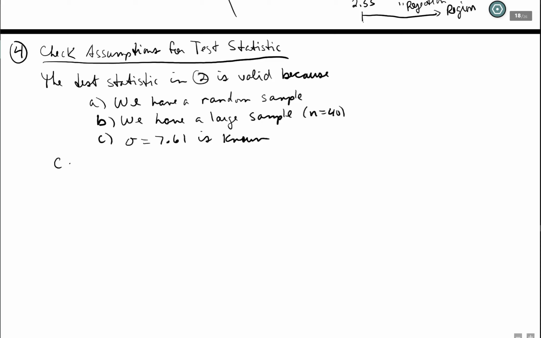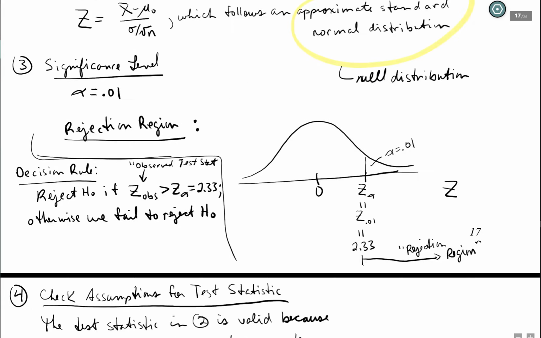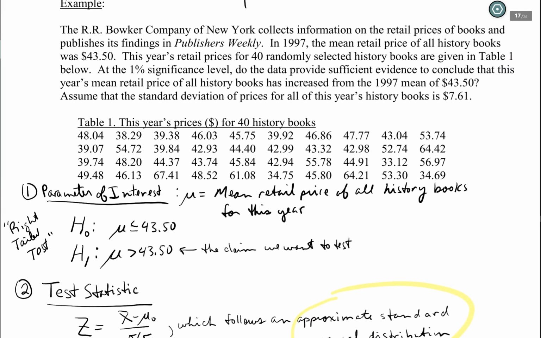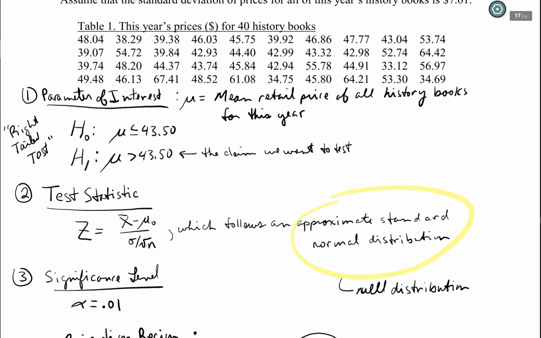Also within this step, we're going to calculate our descriptive statistics. So what I need to do is come up to my sample. I've got 40 data points. In order to use this test statistic, I need x bar, so I need to take the sample mean of these 40 data points.